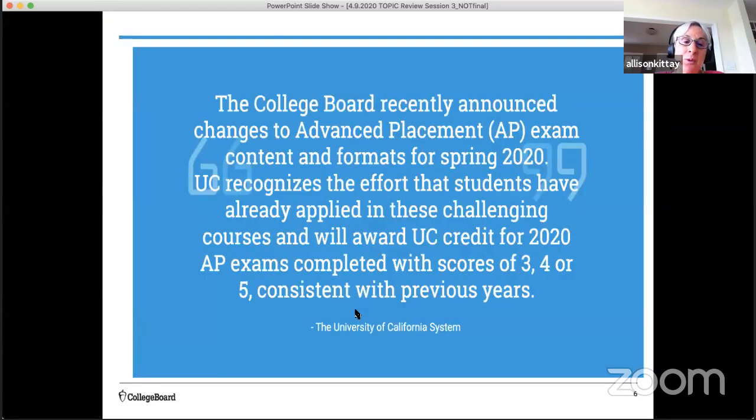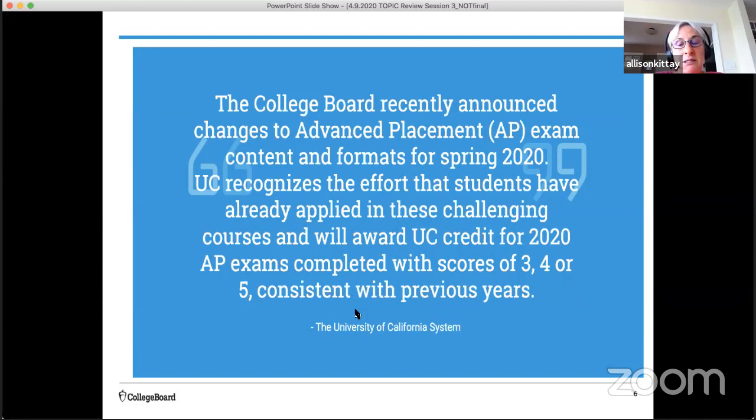Just another reminder that because this year's exams are modified, I want you guys to know that you are still going to be able to earn the full amount of college credit that you would have earned in other years. And this is a statement from the University of California system.